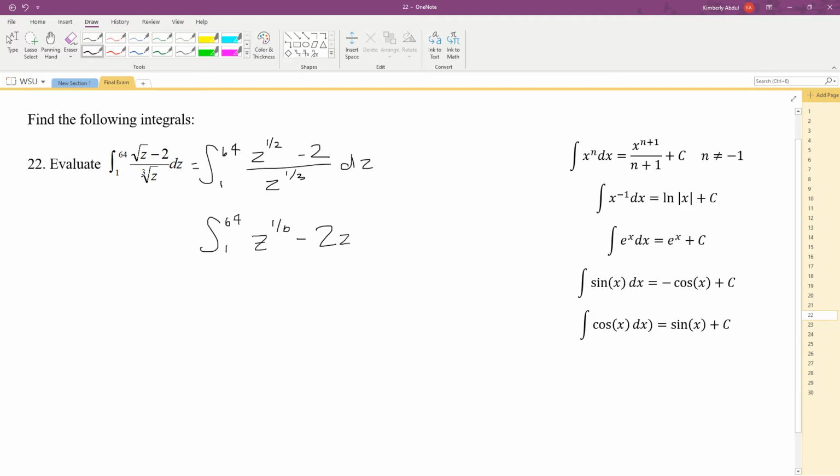So this is going to be z to the negative 1/3, and I'm going to be integrating that with respect to z. So now I'm going to just use the normal power rule.